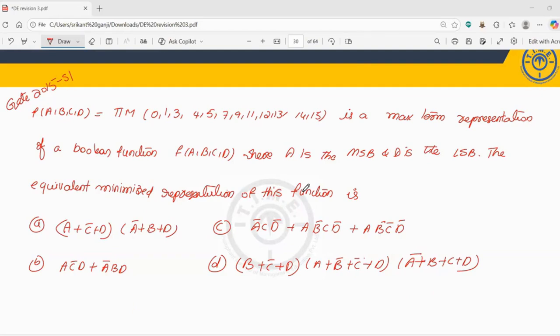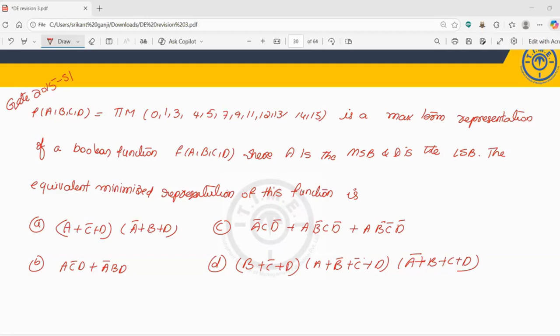Option C is correct. What about others? Okay.